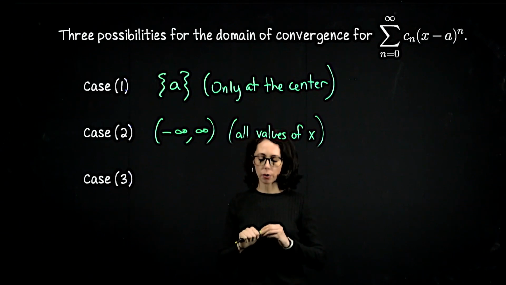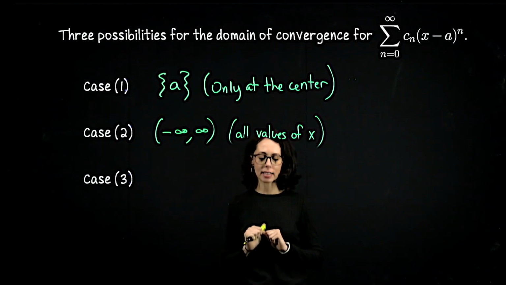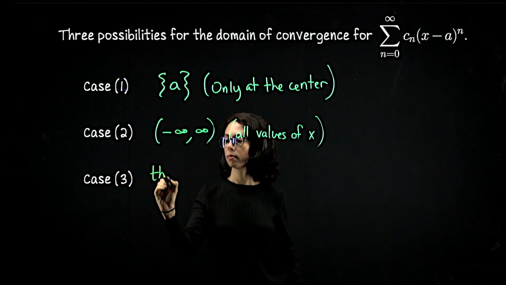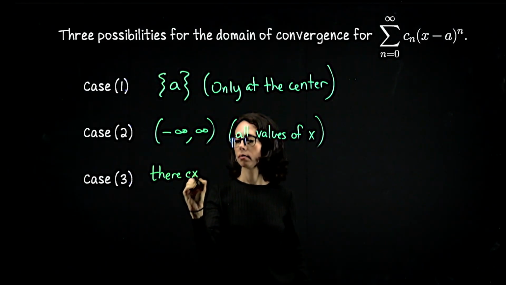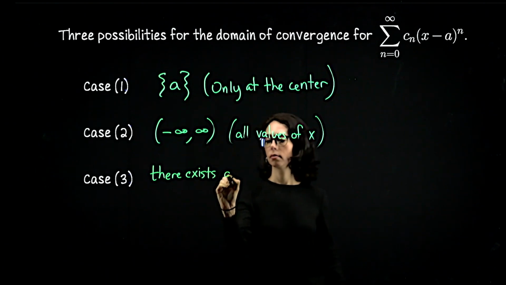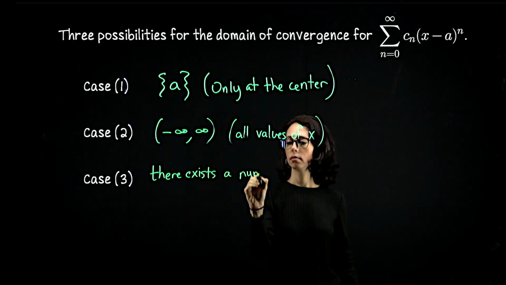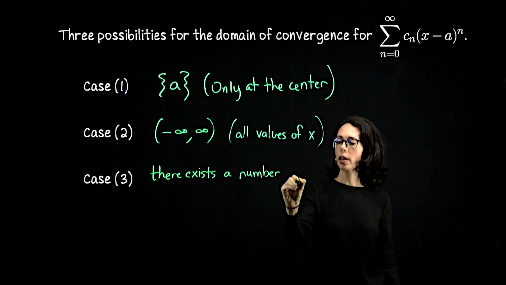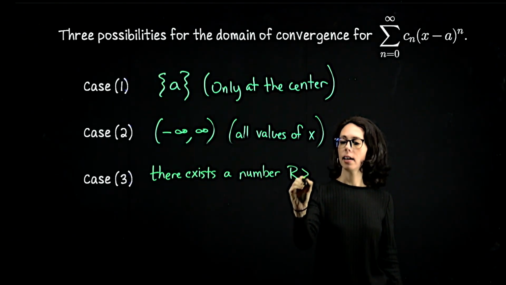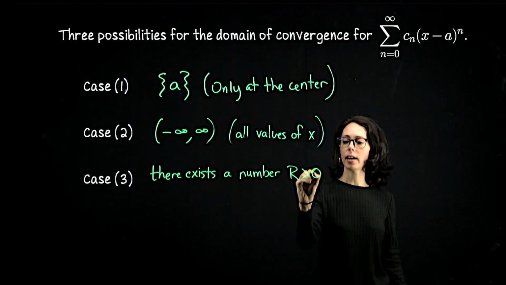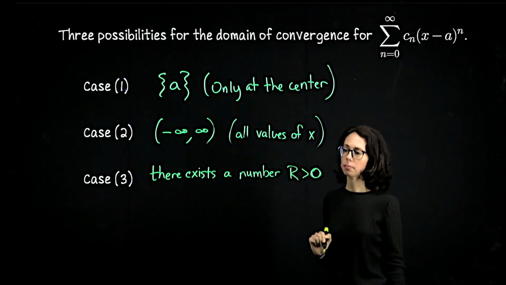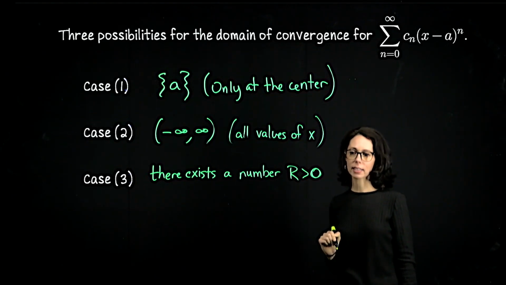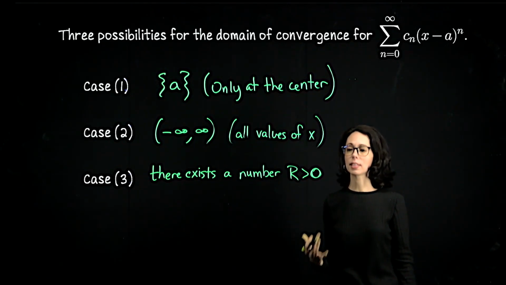So what I'm going to do is say that there exists a number capital R. And for this case 3 situation, let me make precise here that it's a positive finite number, capital R, so that we definitely get convergence when x is within distance r of the center.